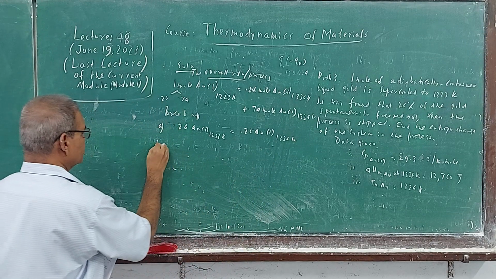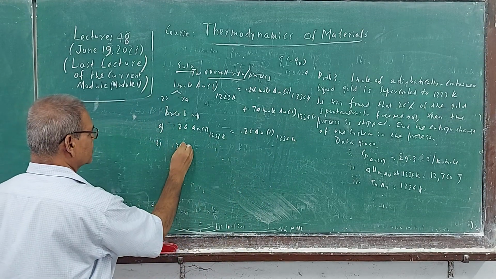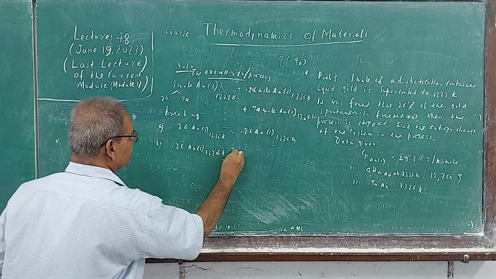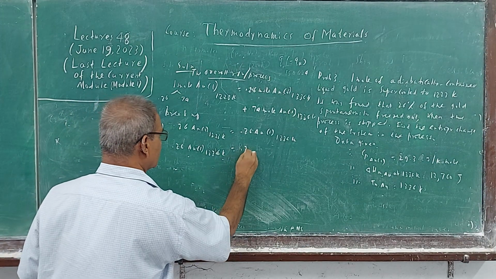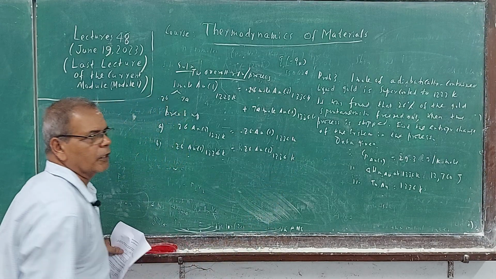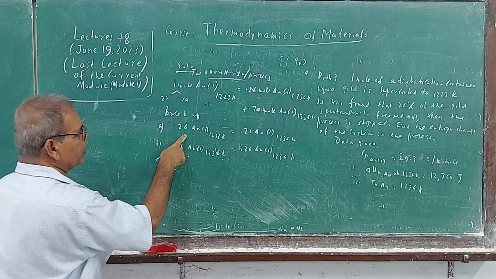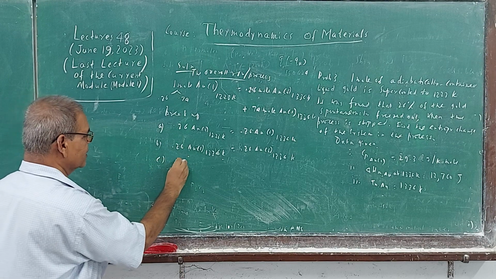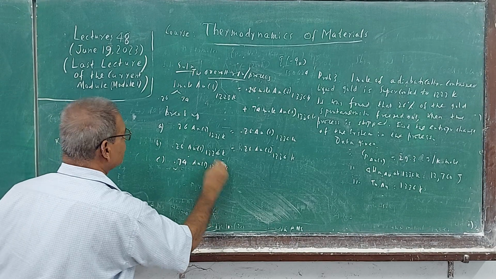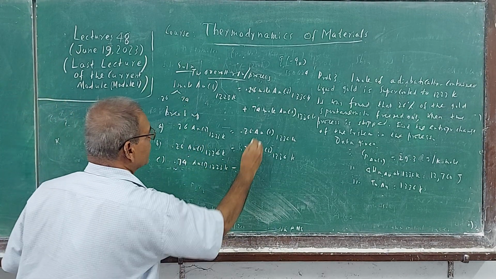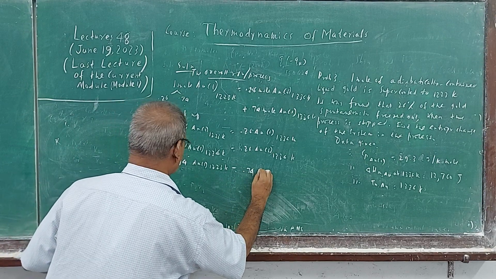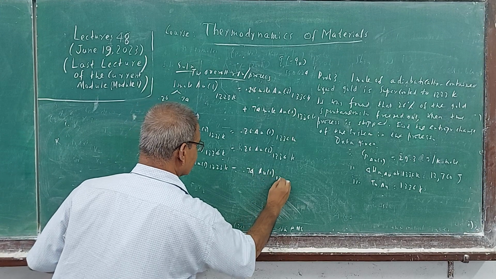Step B: take this 0.26 gold liquid at 1336, the normal freezing point, to 0.26 gold solid. Last part: 0.74 gold liquid at 1223 goes to 0.74 gold liquid at 1336. You can check easily.